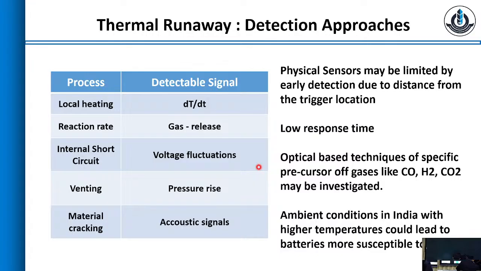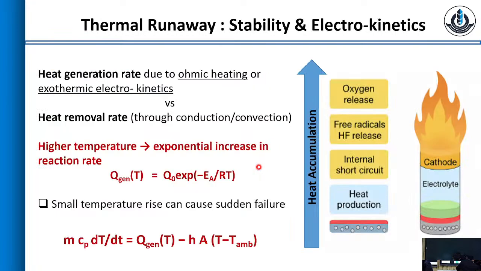Okay, so this is one aspect. The second aspect is the ambient conditions. Now, as we saw, most of the investment in India is towards integrating batteries into two-wheelers and three-wheelers. But we are not testing those batteries under Indian ambient conditions, because in India the average temperatures are slightly higher, right? If the ambient temperature is higher, then looking at these equations, the rate of heat transfer at which the batteries lose heat is going to be lower.